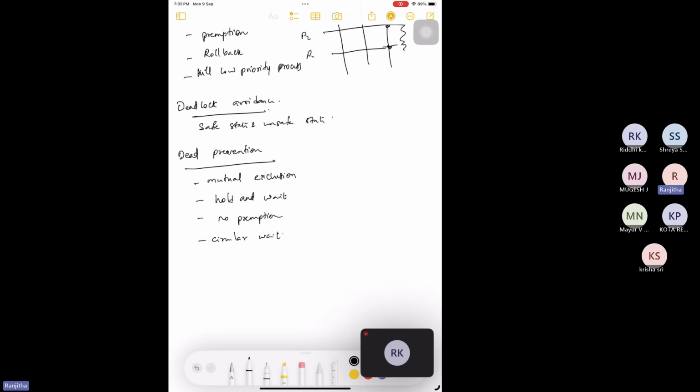No preemption says that if somebody is holding a resource, the system cannot force that process to release the resource. If that is possible, again we can prevent deadlock. Like if preemption of resources is possible, then we can prevent deadlock. Similarly, circular wait also. We have seen that in an ordered manner, people are requesting.